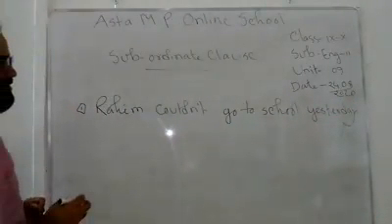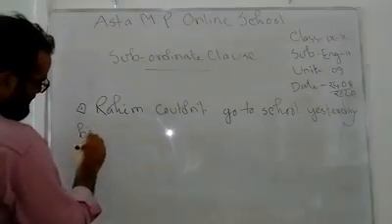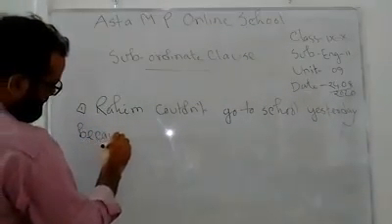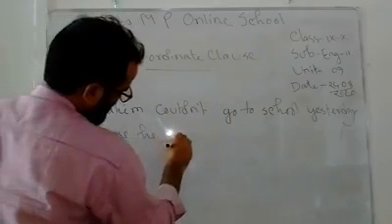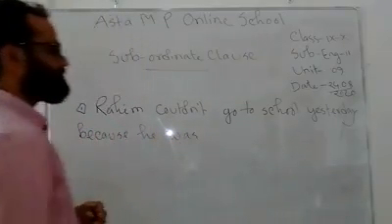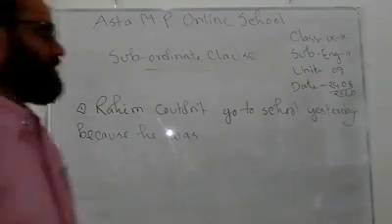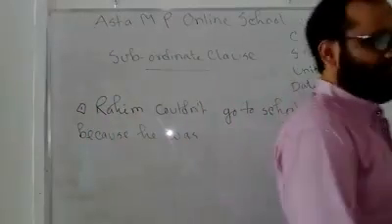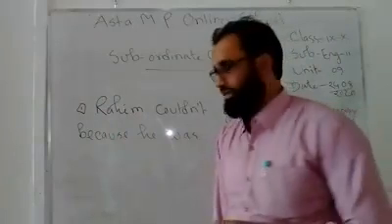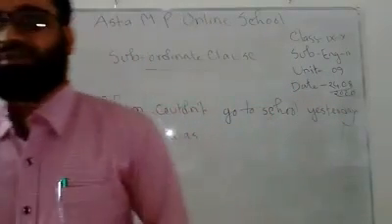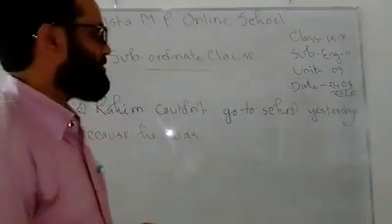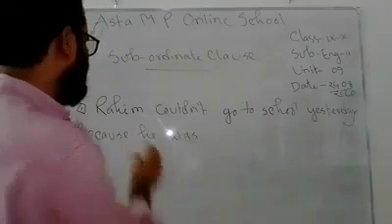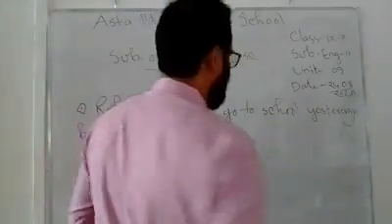Rahim couldn't go to school yesterday because he was ill. Dear students, in the definition of clause, we know that the clause is a group of words and it has a subject and a finite verb.